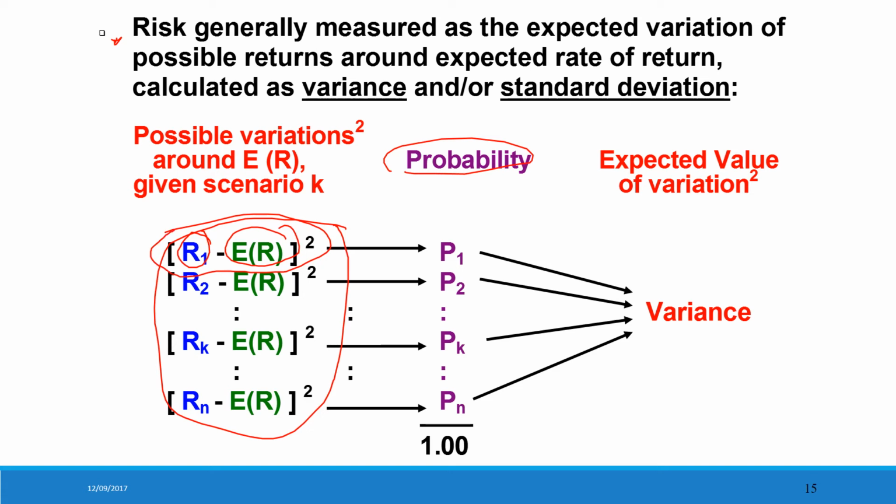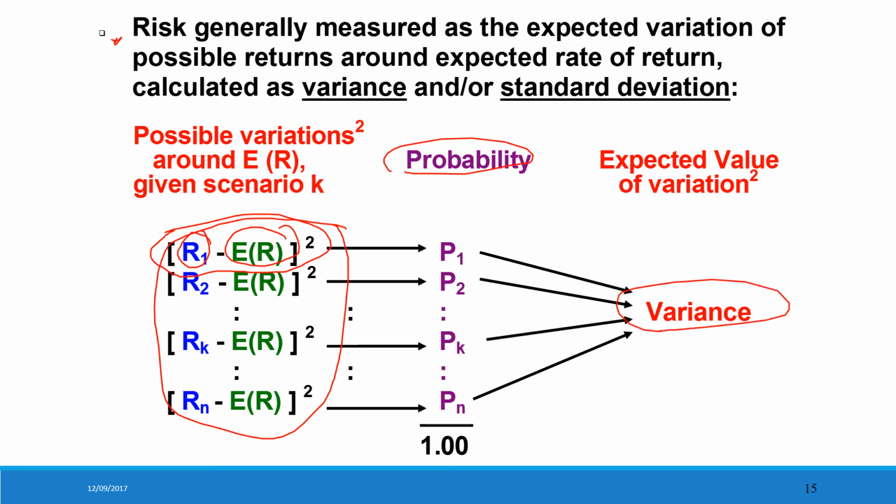If we have a negative difference and a positive difference, when we square them, we take away the sign. So the variation of the returns, or the risk of the return, is measured by the weighted average distance of different outcomes from the mean.